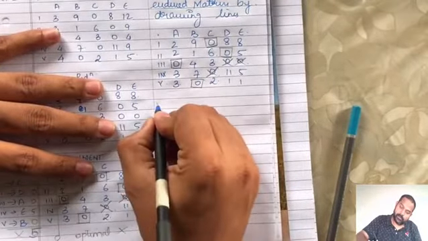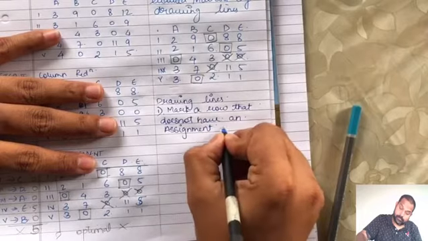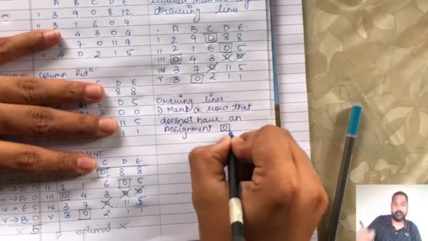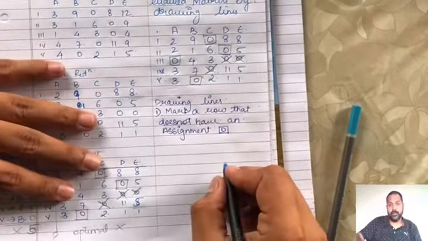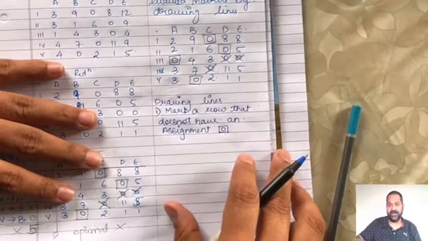Step 1. Mark a row that does not have an assignment. Tick mark a row that does not have an assignment.